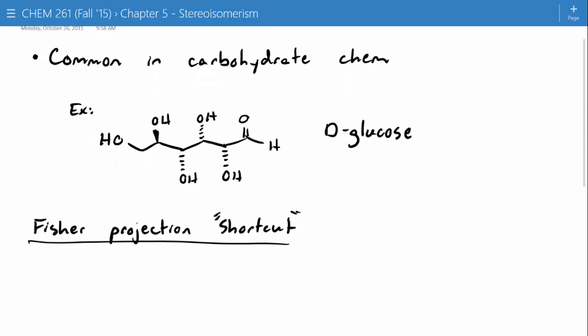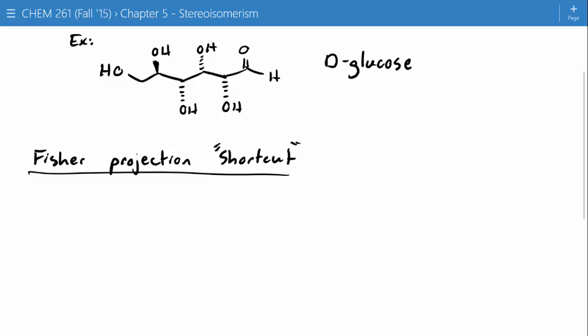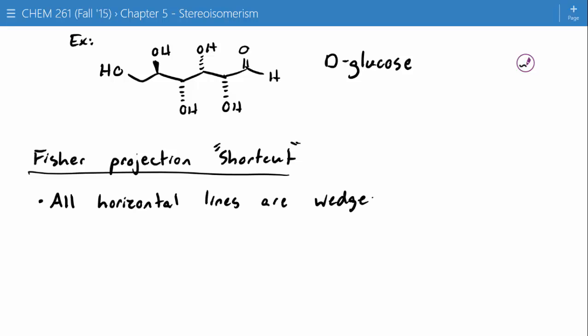And with Fischer projections, what you do is you assume all horizontal lines are wedges, and then all vertical lines are dashes.